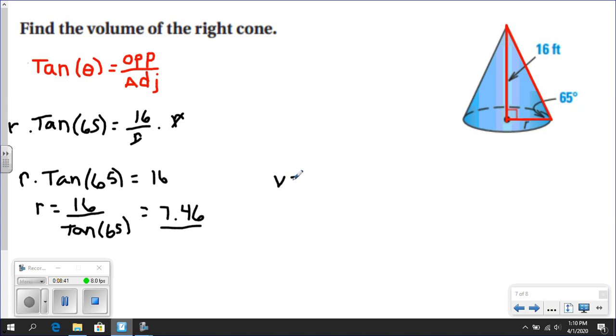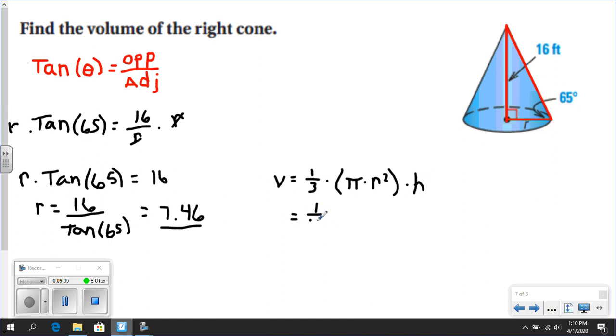Volume is equal to 1/3 times the base, which is a circle. So the area of the base is pi times r squared, times the height of the cone. So let's plug in what we know.